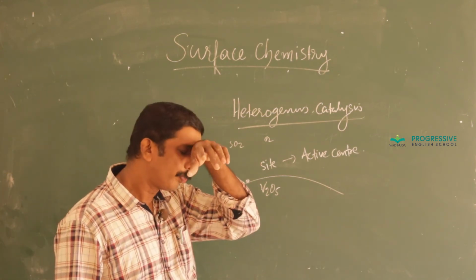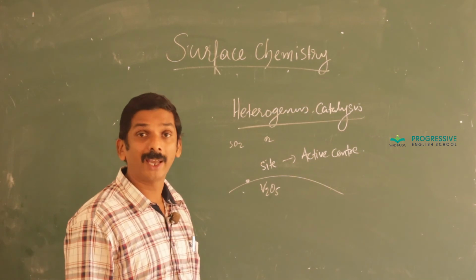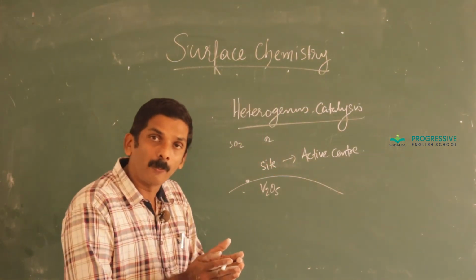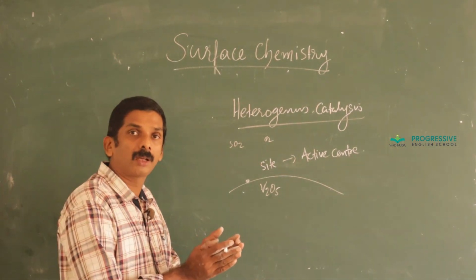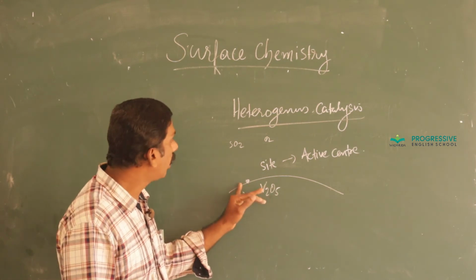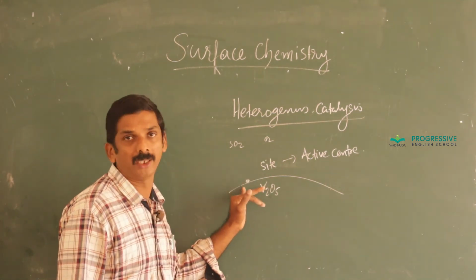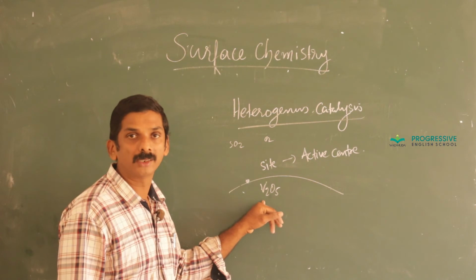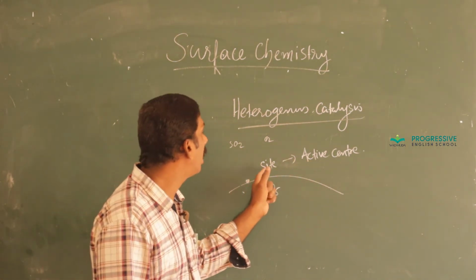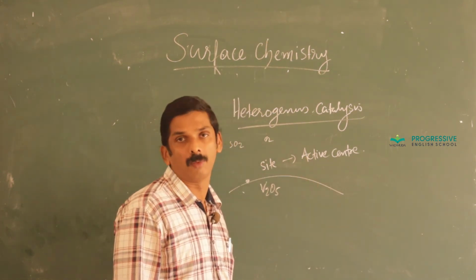Activated complexes are highly unstable species. They have only transitory existence. Once the reactants combine to form an intermediate compound, it is generally termed the activated complex, and not all centers act; only a particular site on the solid catalyst. That site is called the active center, where it forms a highly unstable activated complex.